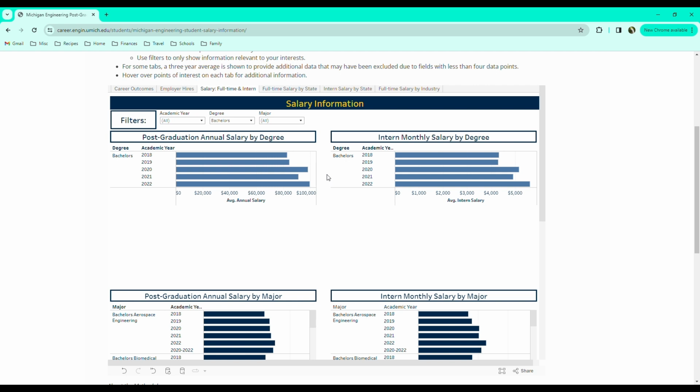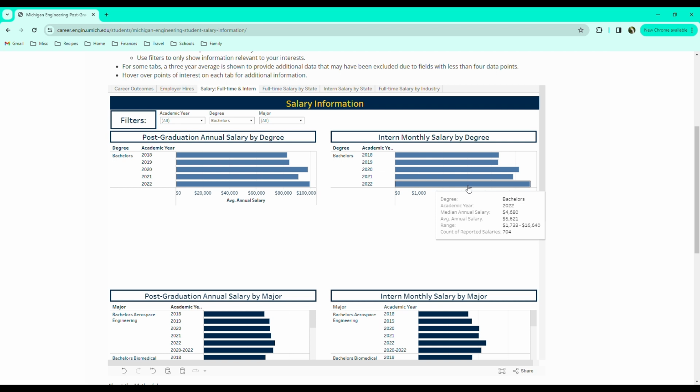And then we come back to intern salary. So again, I left the 5 years so you could see there's a little bit of up and down. That reflects actually the postgraduate annual salary. But what we see is that University of Michigan interns and co-ops are actually making a pretty healthy salary.